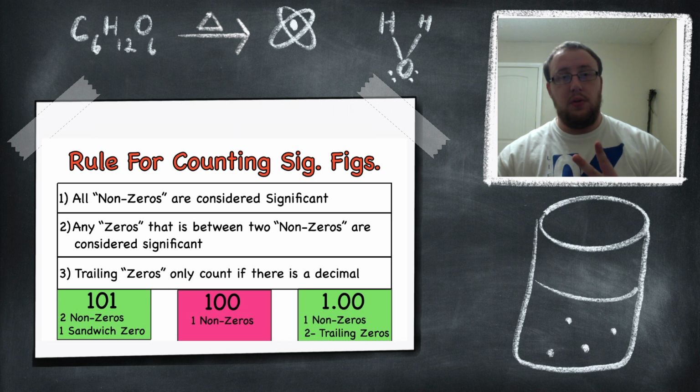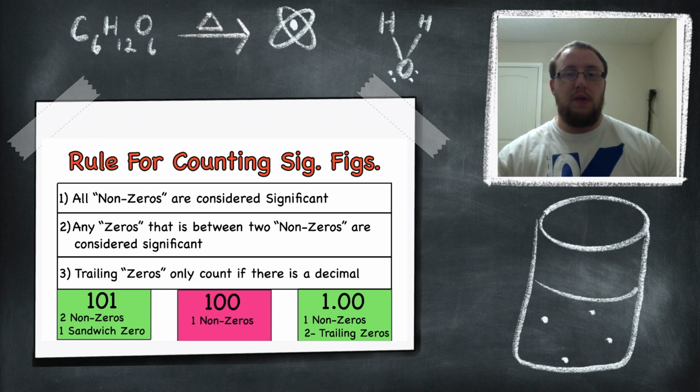Rule number 2, any 0 that is sandwiched between 2 non-zeros is considered significant. So for example, the number 101. You have 2 non-zero numbers, the 1 at the beginning and the 1 at the end, and 1 0 between them, giving you a total of 3 significant figures.